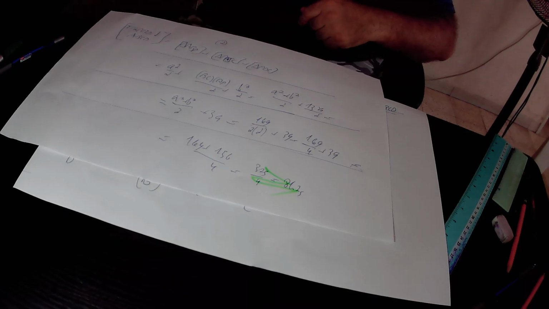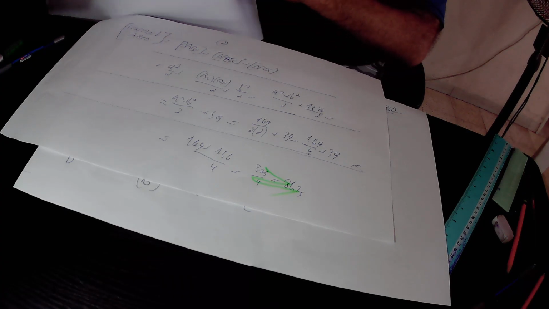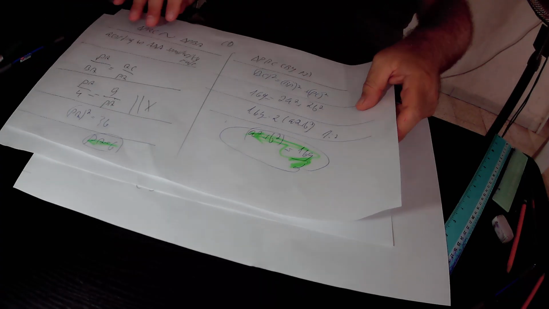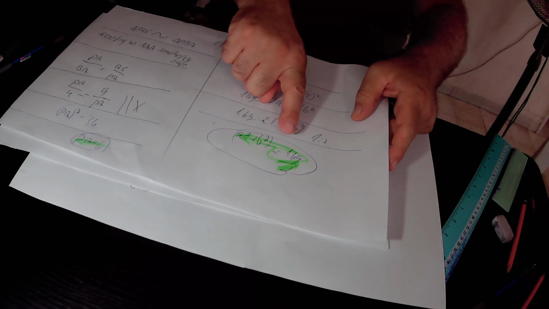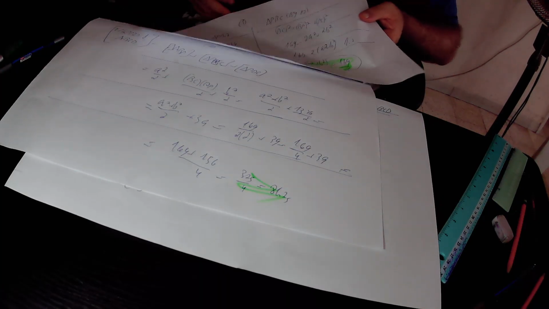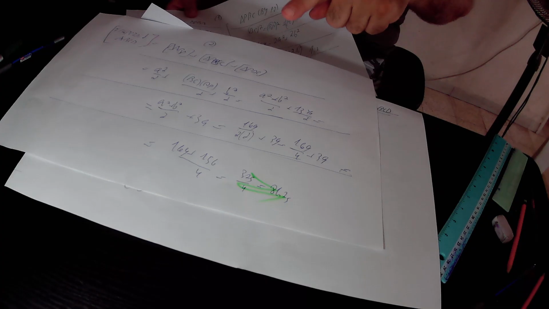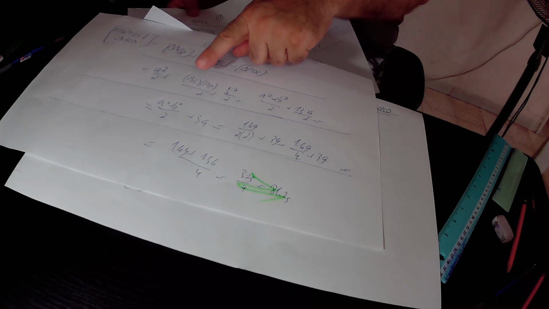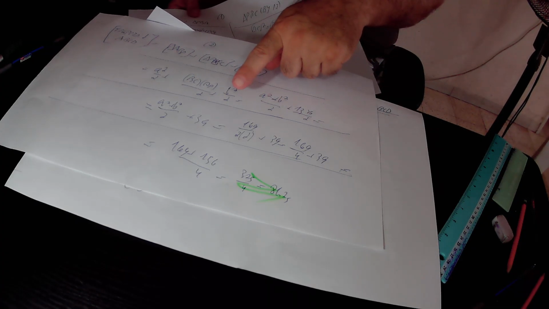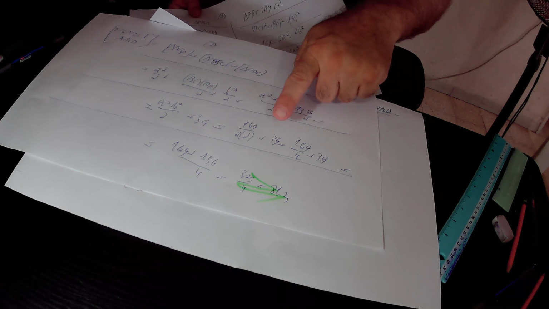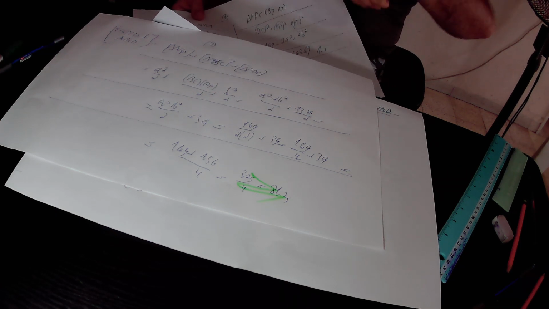But we have already found that A squared plus B squared equals 169 over 2. So we substitute A squared plus B squared by 169 over 2, and we have to divide it by 2 again, plus 39.